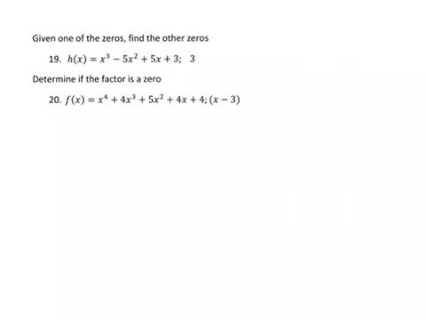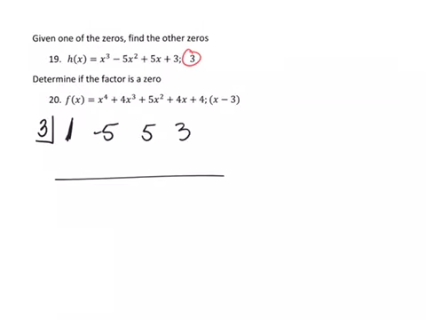Given one of the zeros, find the other zeros. So if I know that a zero is 3, I'm going to use synthetic division, synthetic substitution, to find out what the other zeros are. So I'm really dividing, and factoring is a way of dividing. So what I'm getting is what the next factor is when I plug that in.